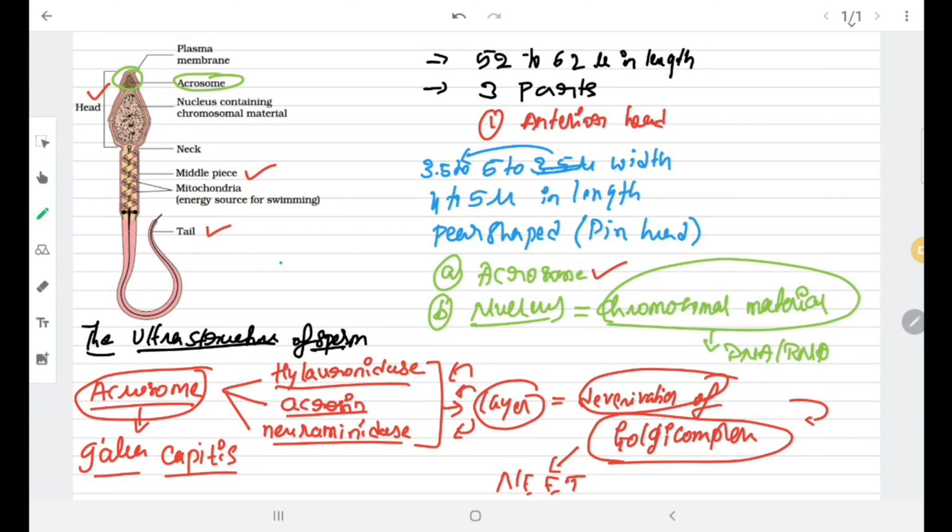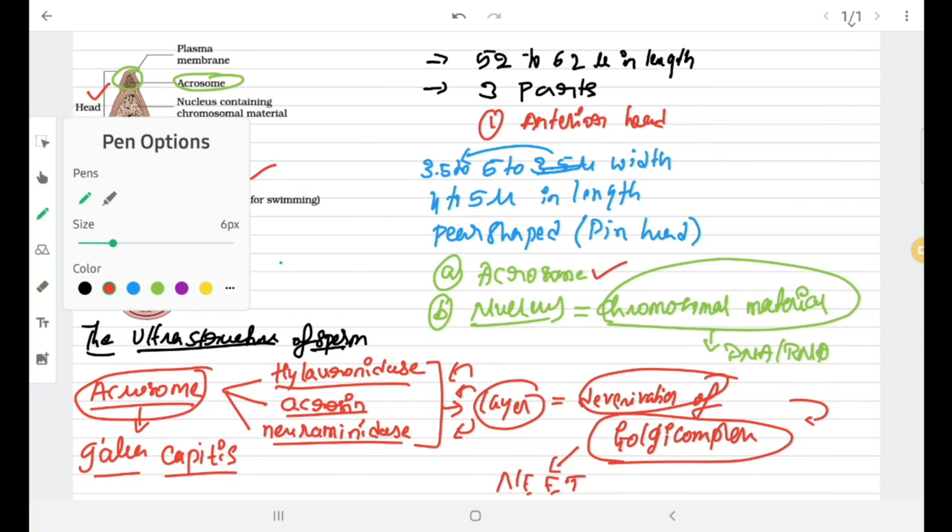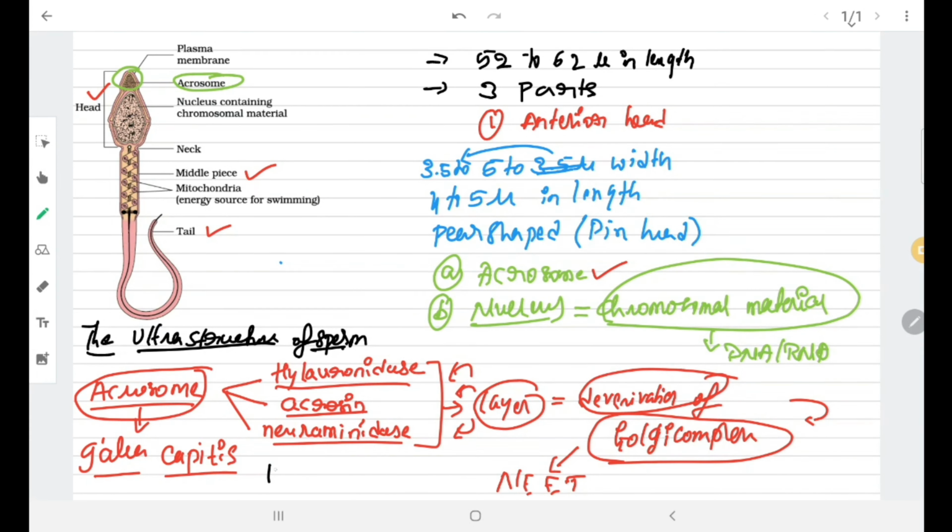The main function of the acrosome is to pierce through the egg membrane.